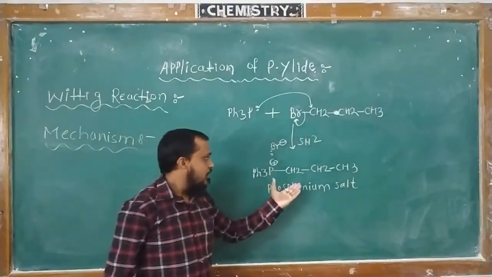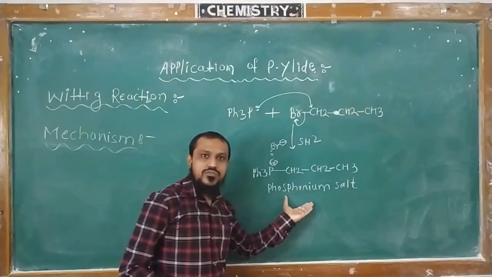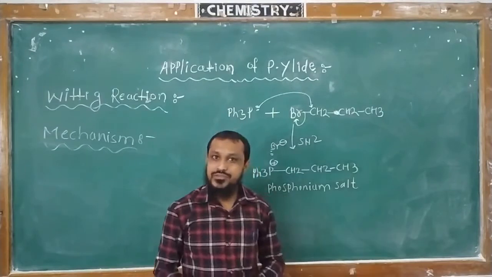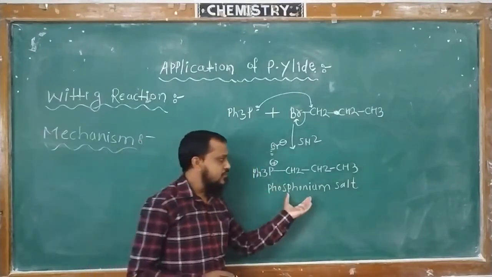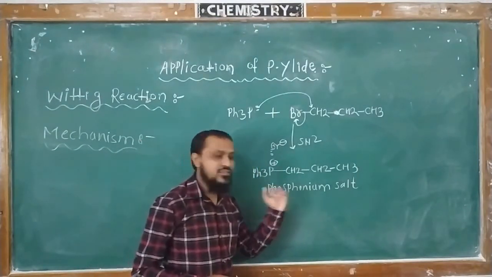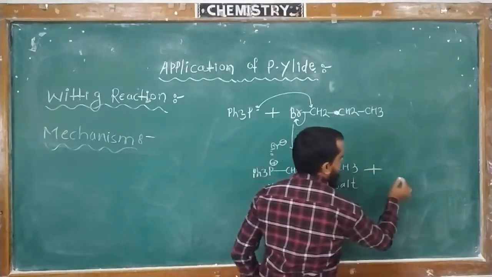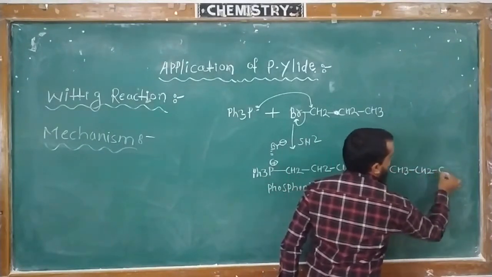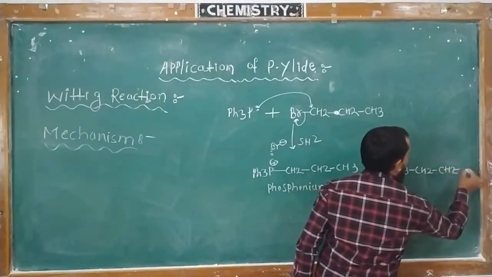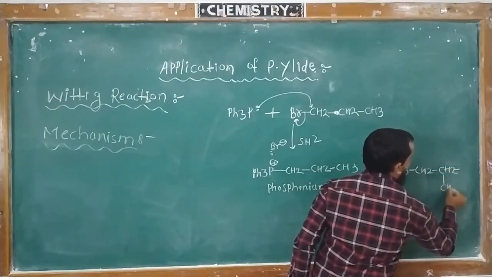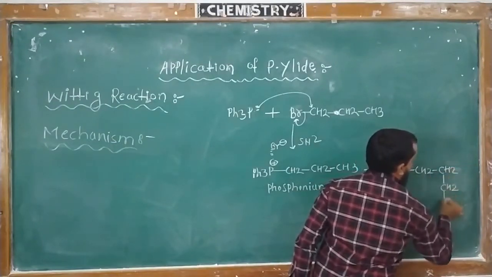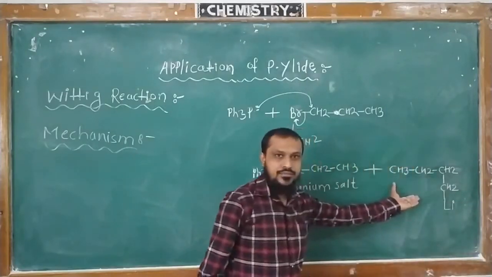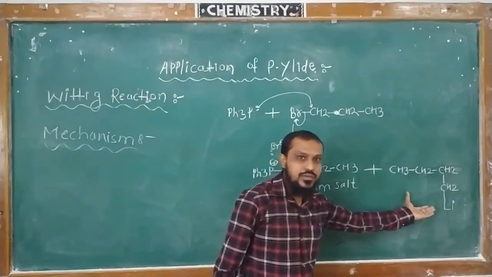Now the formed phosphonium salt is converted into ylide by the use of a strong base. Here I am using n-butyl lithium as a strong base.